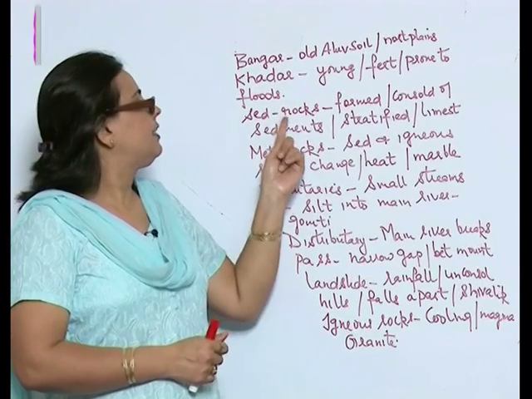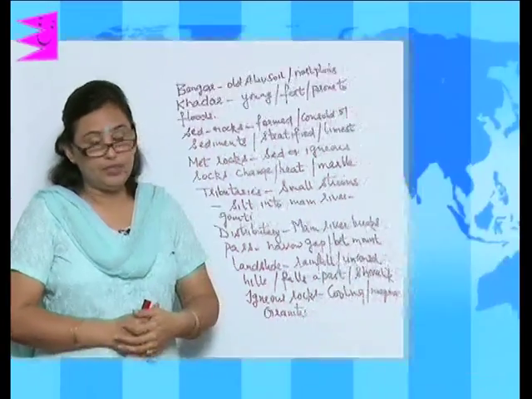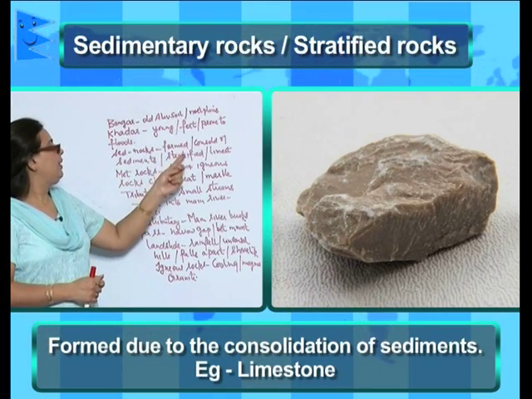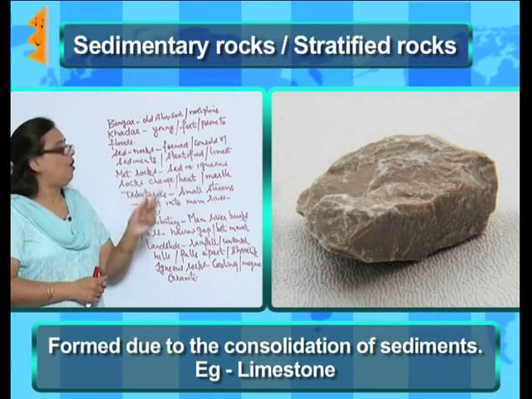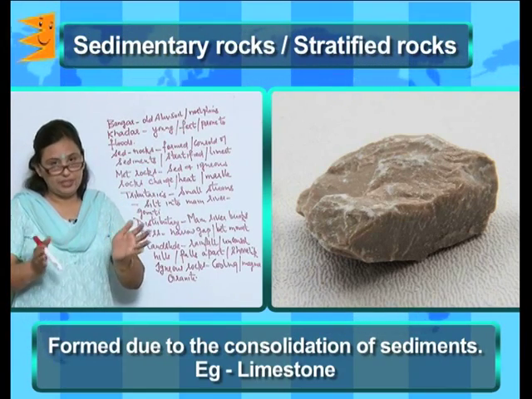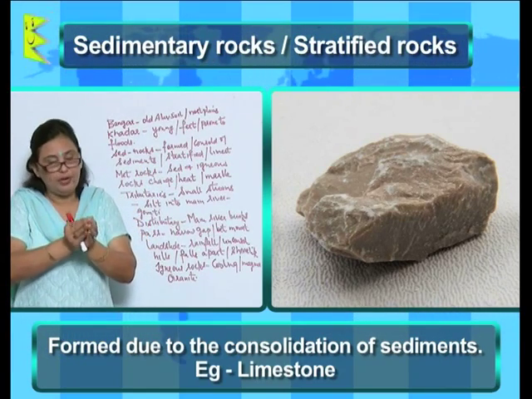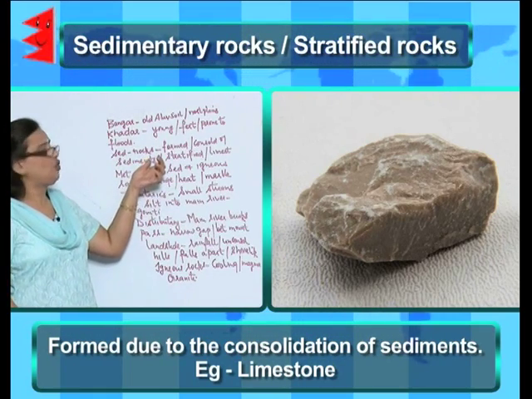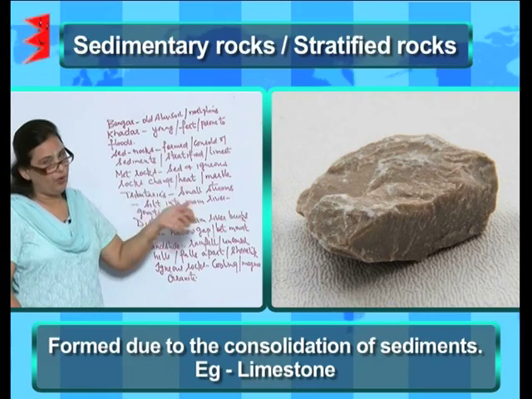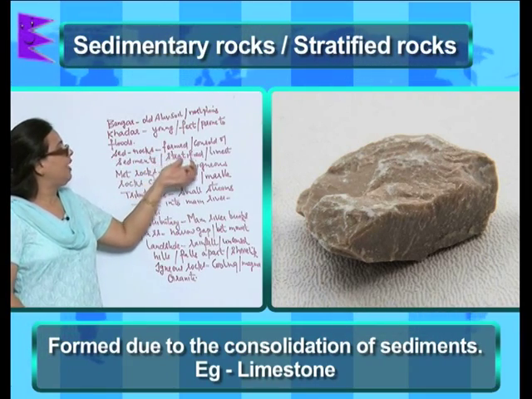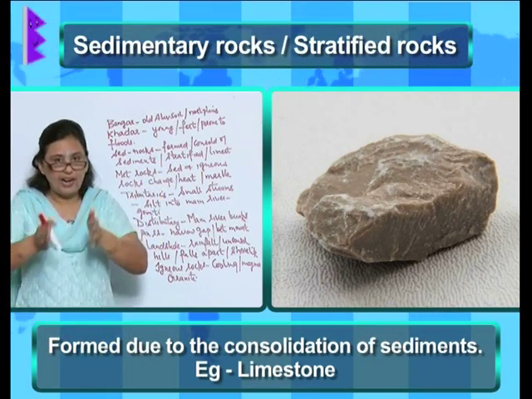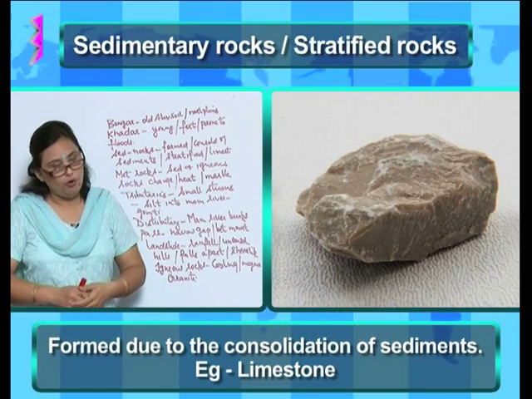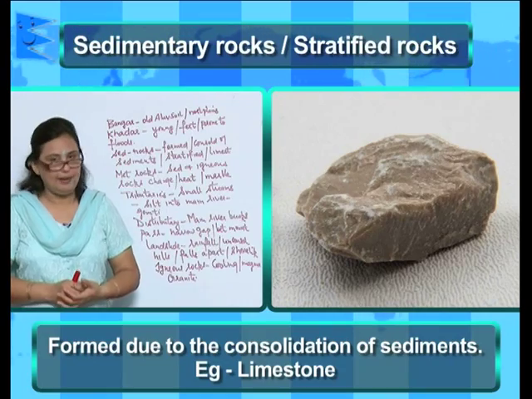Next is the sedimentary rocks. Sedimentary rocks are actually formed due to the consolidation of sediments. When the sediments get consolidated, they come together, they join together, that is the formation of the sedimentary rocks. Therefore, they are also called stratified rocks, and the best example of a sedimentary rock is limestone.